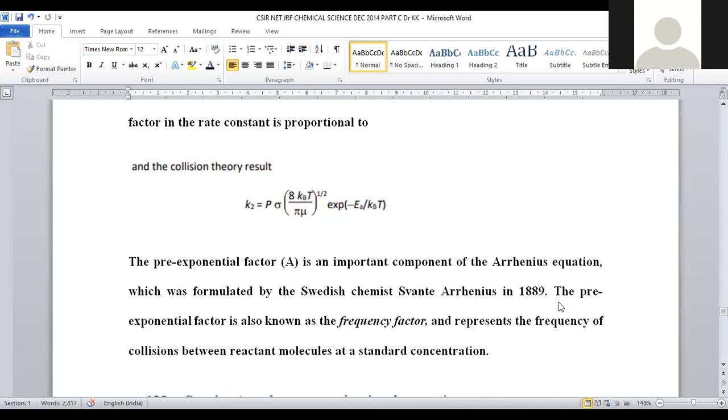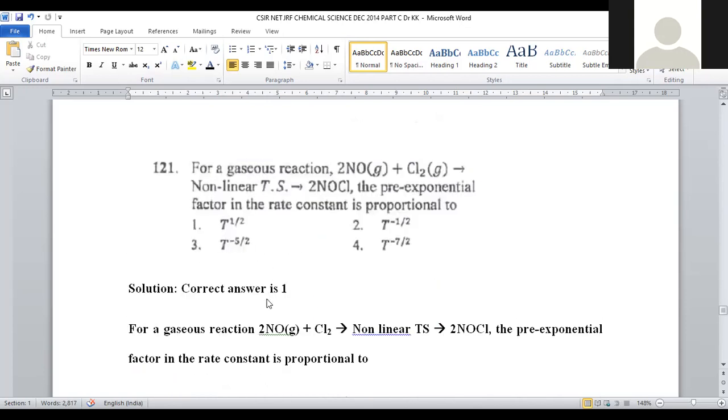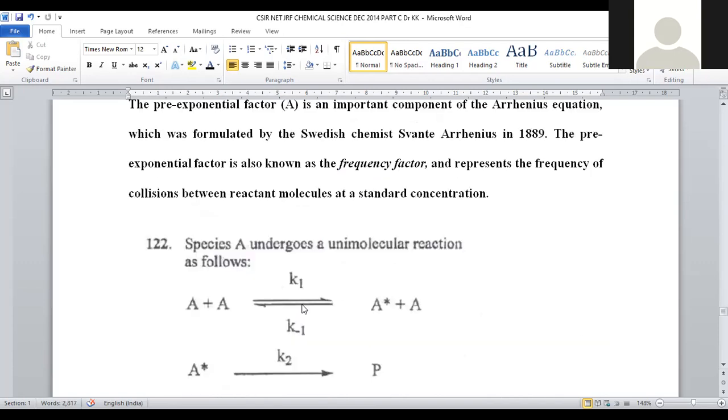The pre-exponential factor, also known as the frequency factor, is symbolized with A and represents the frequency of collision between the reactant molecules at a standard concentration. So for this reaction, rate and temperature are related as k2 is directly proportional to T to the power half, that is, under root T. That is provided in option number 1. For question number 121, option number 1 is the correct answer.